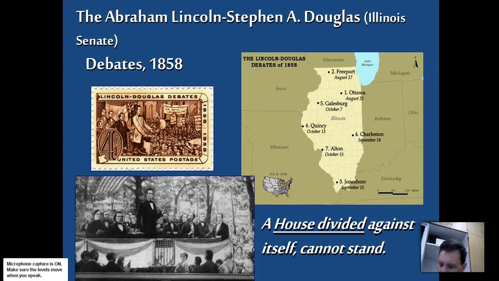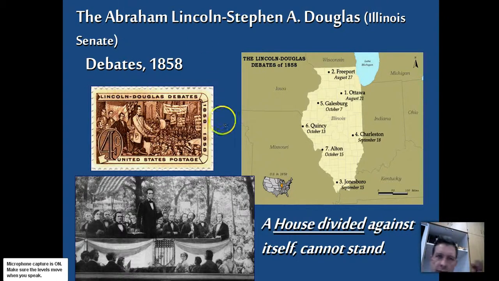Lincoln at some points just flat out talked about slavery as being wrong, and because a man has the right to the fruits of his own labor. These debates for a United States Senate seat thrust future President Lincoln into the national spotlight, even though he lost the election against Douglas.